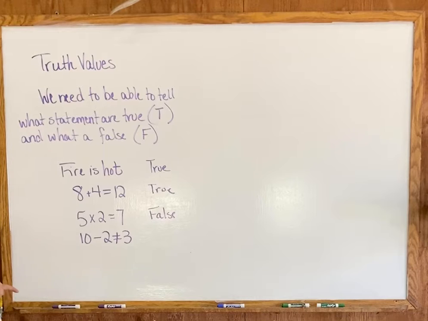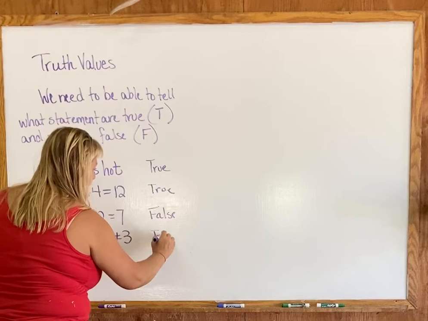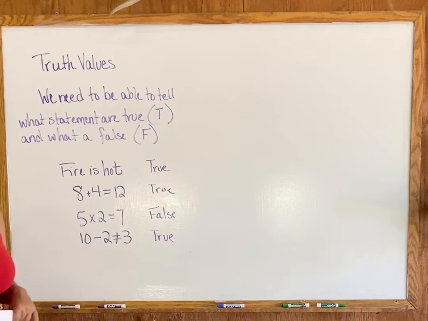Now, even though it's got that negation in there, what we have written on the board is still true, right? 10 minus 2 does not equal 3. So this is a true statement. Even though there's a negative in here, that doesn't affect whether it's true or false.